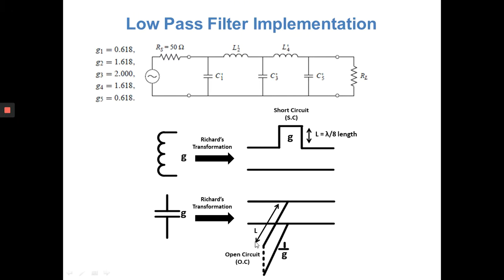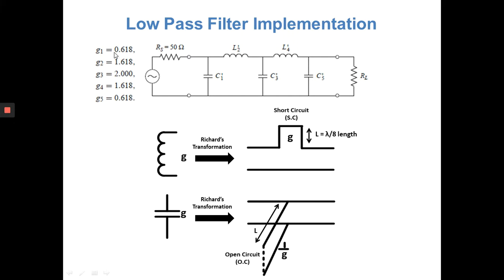We learned about it already, this open circuited stub. And if we encounter an inductor, then it transforms to a short circuited stub. Usually this is called the shunt stub and this is called the series stub.